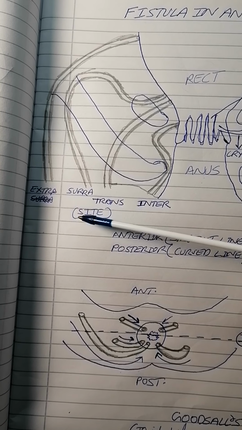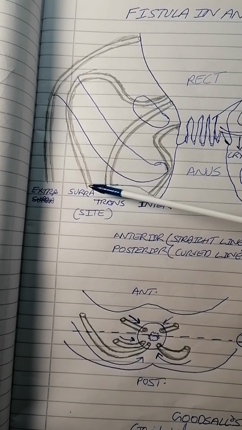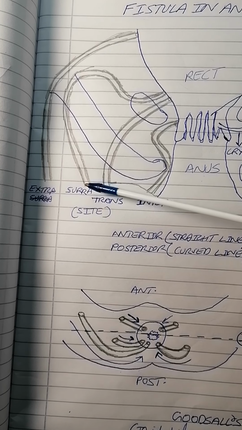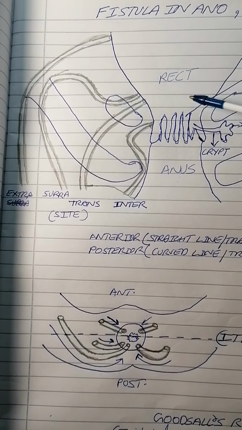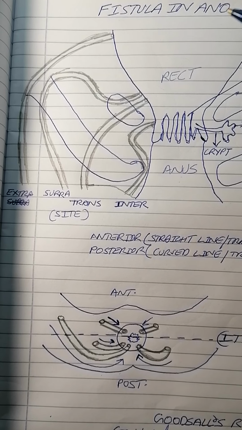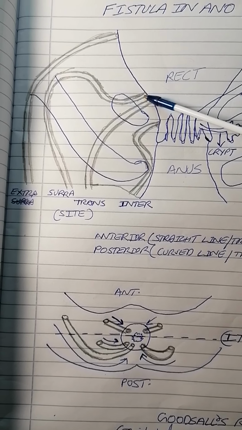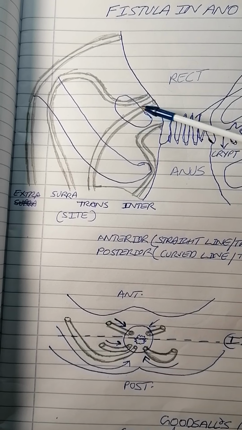So let's start with SITE. This one is supra, S for supra. What you can see here is a fistula getting formed. This is the rectum area and this is the anal area. Supra means above.